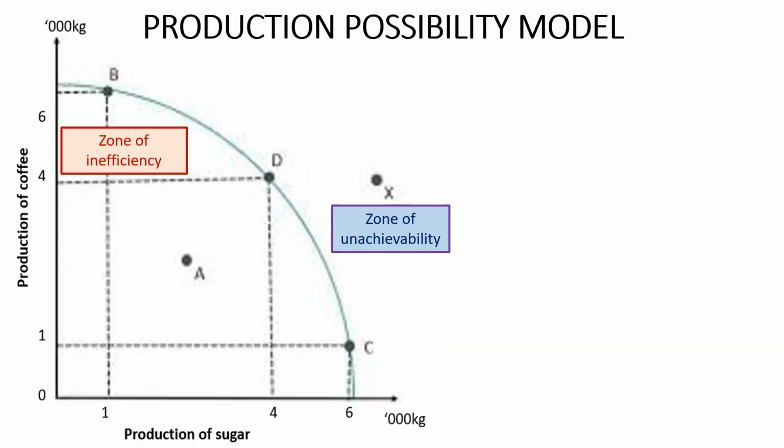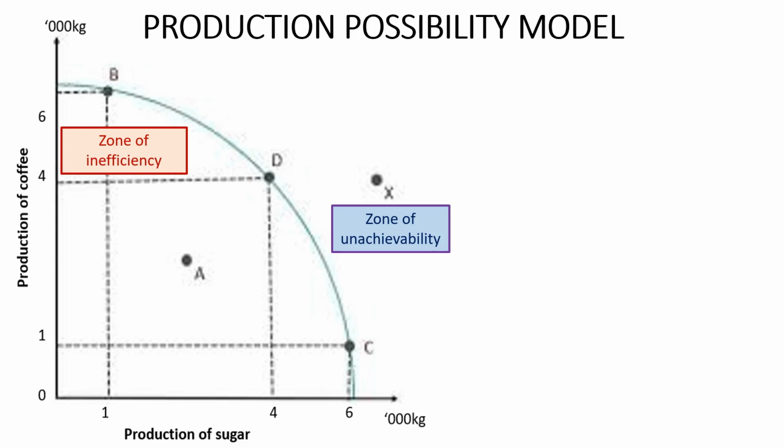So far, we have only considered output combinations on the production possibility frontier. On this slide, we look at output combinations in the zone of inefficiency, that is, output combinations that are located inside the production possibility frontier, and output combinations in the zone of unachievability, that is, output combinations that are located outside the production possibility frontier.